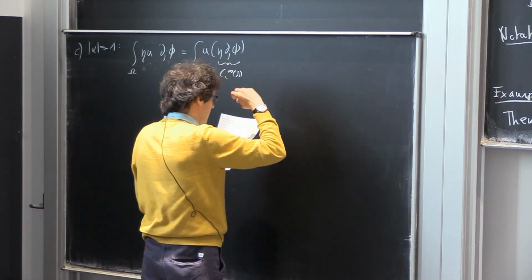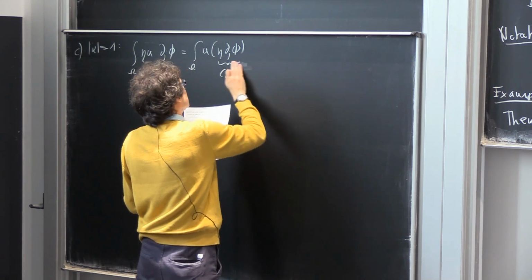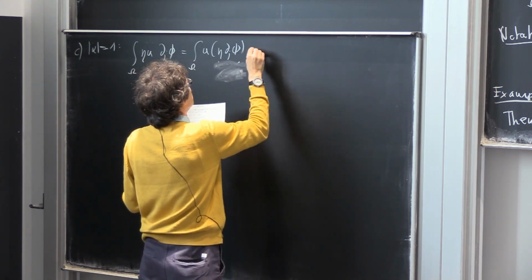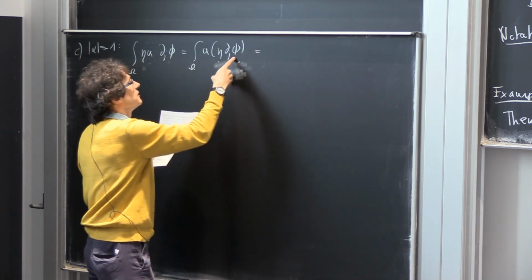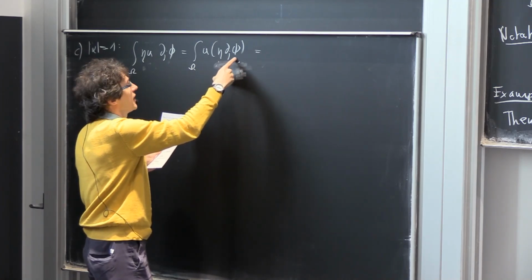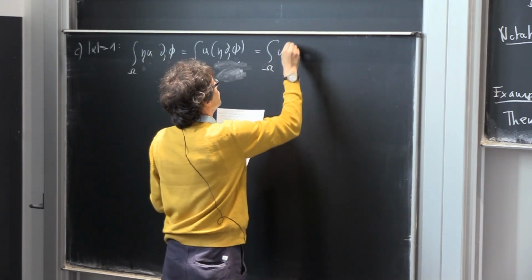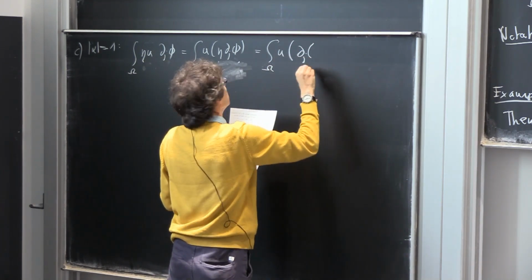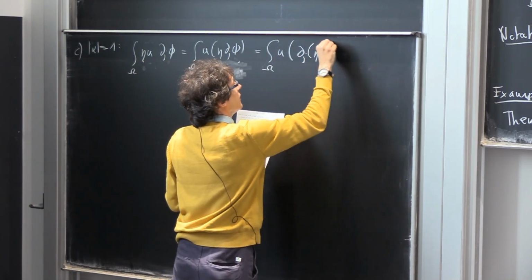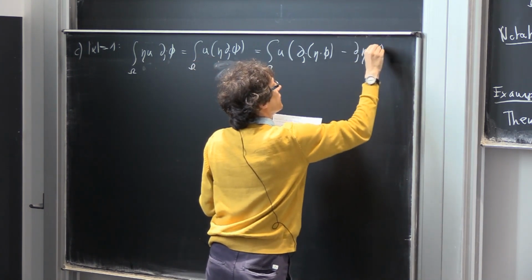No, this is too early. So what we now do, we try to get this as a derivative of eta times phi. So we do the product rule backwards. So this is the integral over omega of u, and then the derivative of eta times phi, and now correcting the error, minus the derivative of eta times phi.